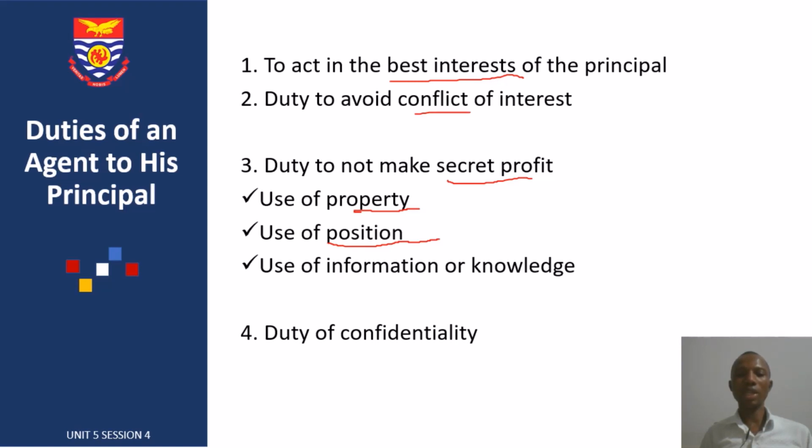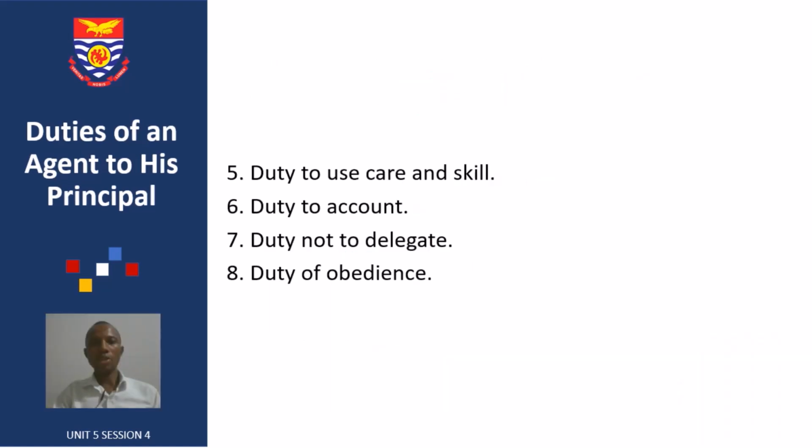For instance, when disclosure is required by law, the agent has a duty to disclose that information, and he will not be in breach of confidentiality. Duty to use care and skills. So if you're an agent, you have to employ your skills in performing for your principal.